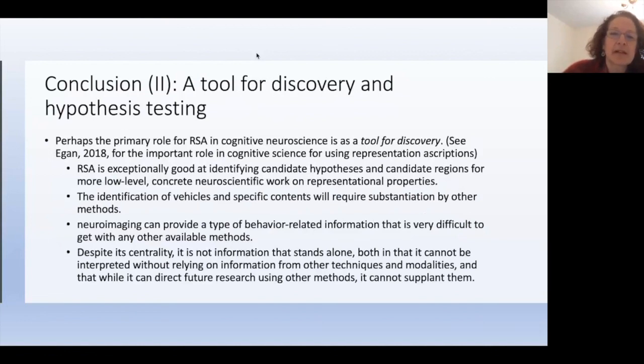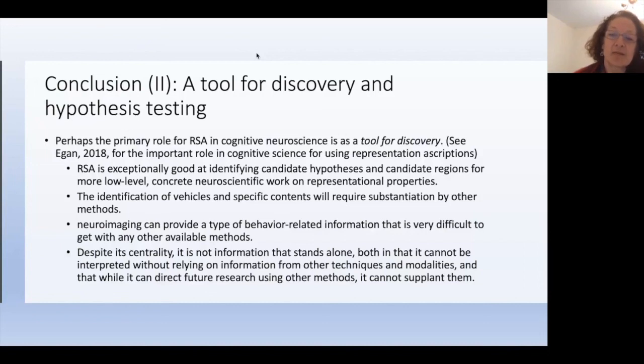More importantly, though, I think that RSA is really very powerful as a tool for discovery and hypothesis testing. So Egan, for instance, talks about the important role in cognitive science for using representational ascriptions as a tool for discovery. And I think that RSA is exceptionally good at identifying candidate hypotheses and regions for more low-level concrete neuroscientific work that can also tell us something about perhaps their causal importance in a processing hierarchy.